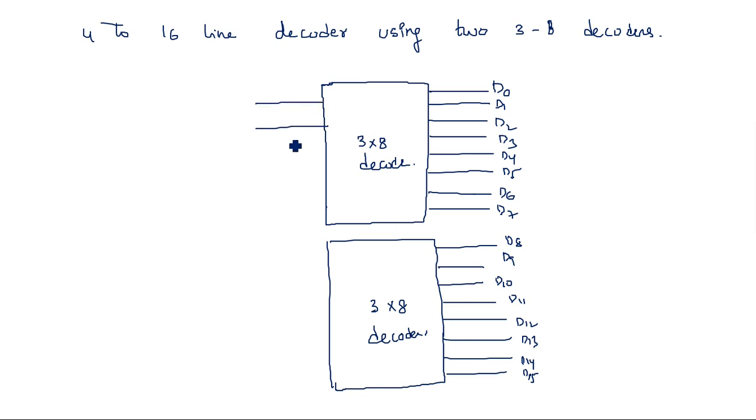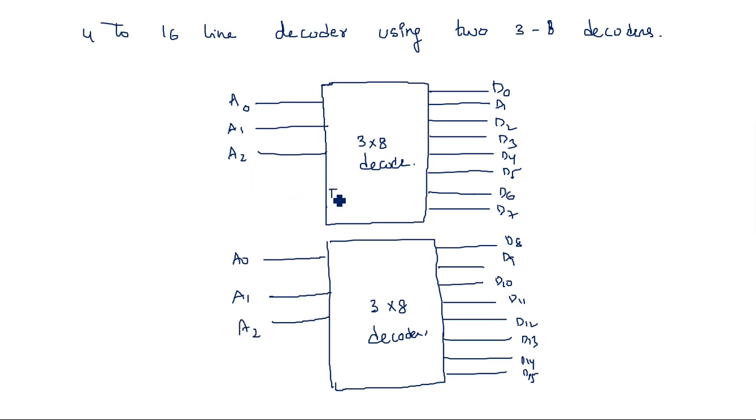There are 3 inputs, A0, A1, A2, and again here also we have three more inputs A0, A1, A2; all these are common inputs.